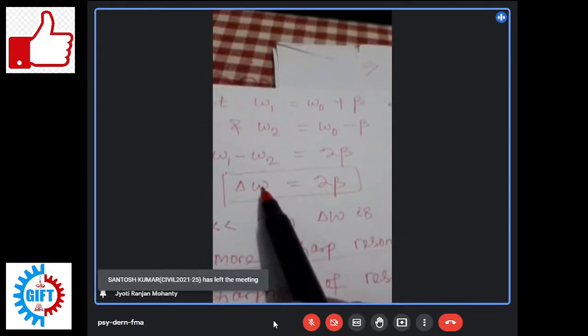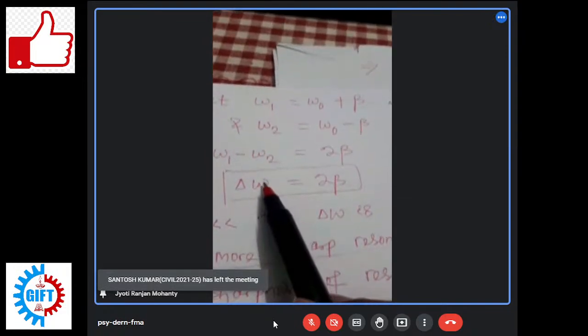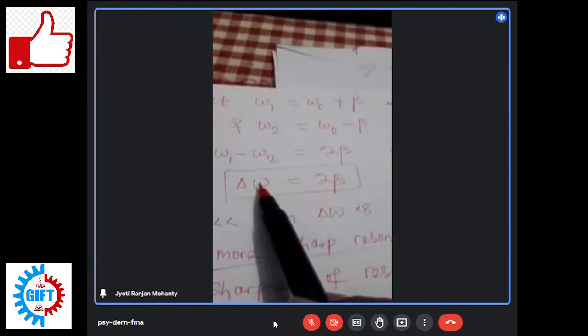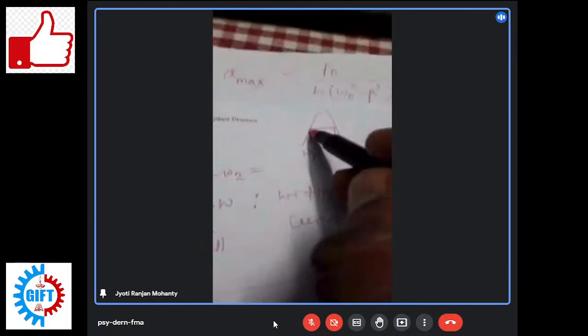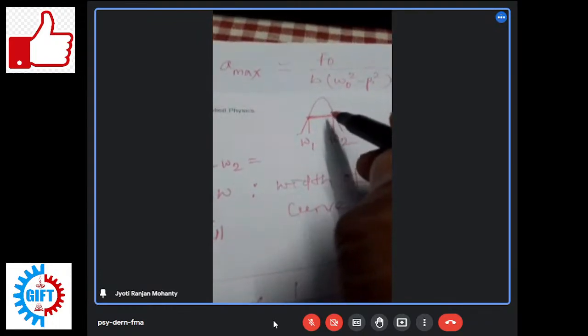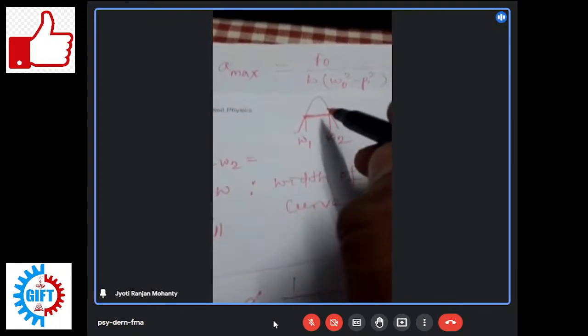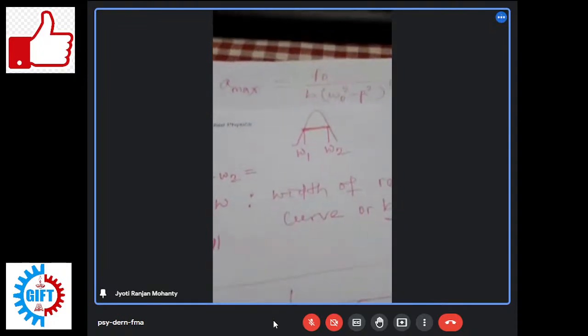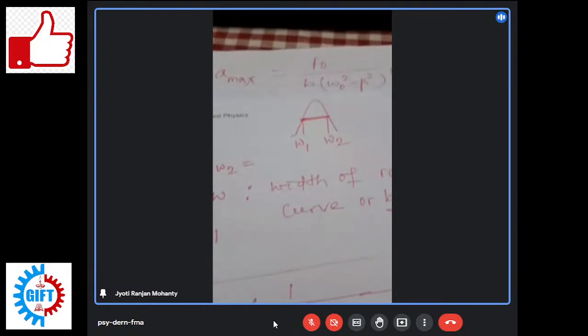Del omega will be more means this is a flat resonance. If beta will be less, del omega will be less. The width will be less. Then the curve will be more sharp. So now the question is how sharpness of the resonance depends upon beta. Who can say the answer?